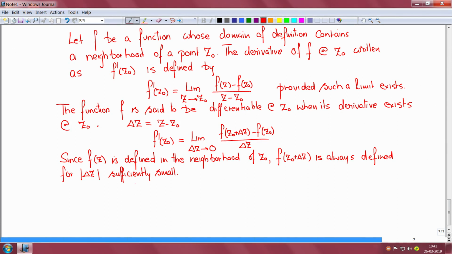And so we have delta w given by f of z0 plus delta z minus f of z0, and then we say the derivative dw by dz is equal to limit delta z tending to 0 of delta w by delta z.